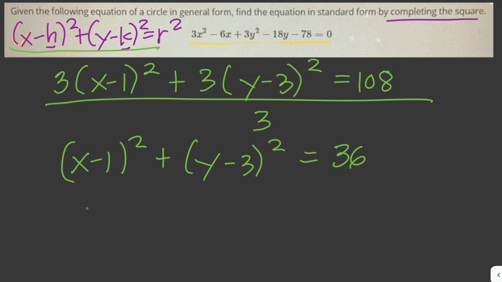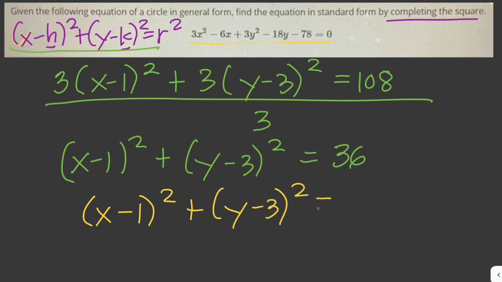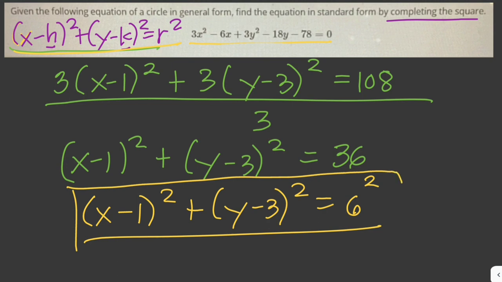So this is (x minus 1) squared plus (y minus 3) squared. We can write 36 as 6 squared. So now this one is in this form. So this is now our equation in its standard form.